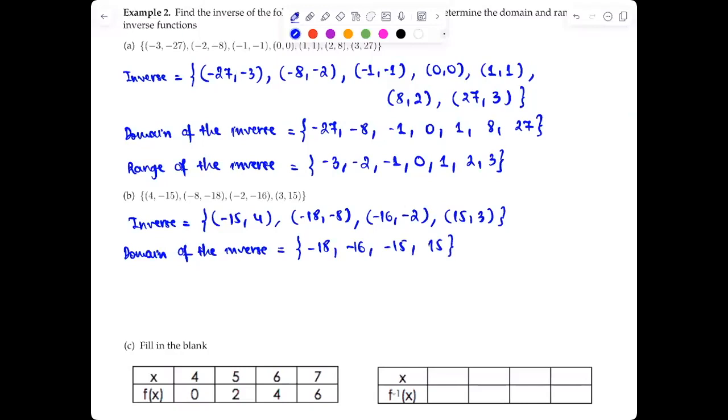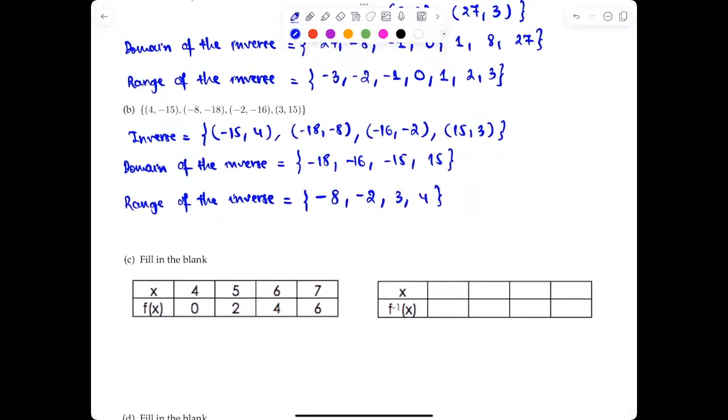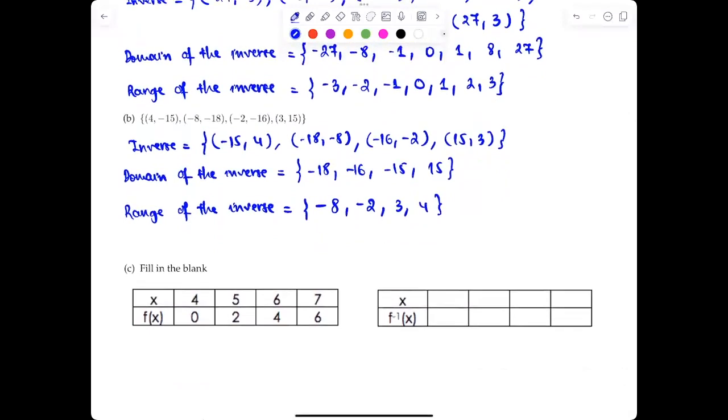Similarly for the range of the inverse, you have to start with negative 8, then negative 2, and 3, then 4. Any questions on B?